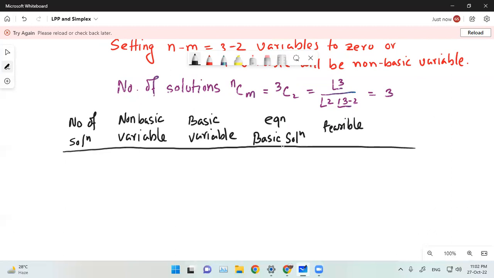Then you can calculate the magnitude, that is f of x, and also whether it is an optimal solution or not. And last, degenerate or non-degenerate.